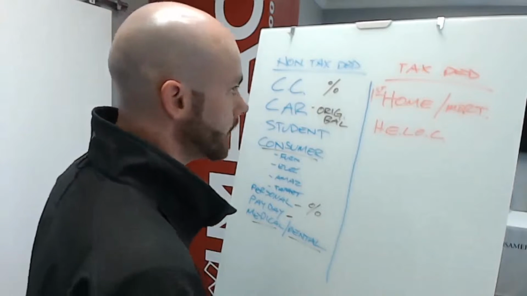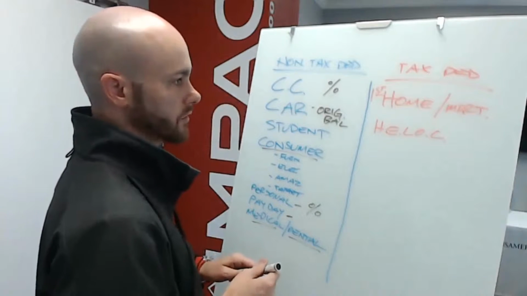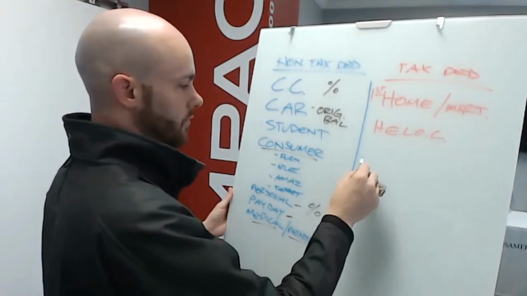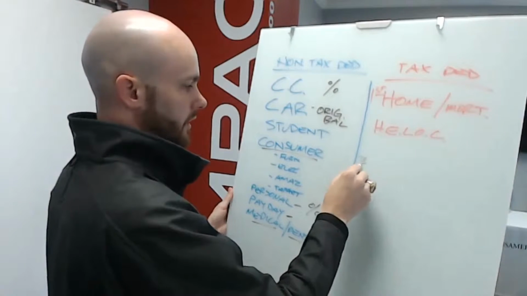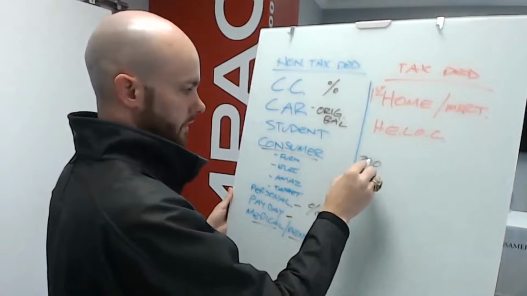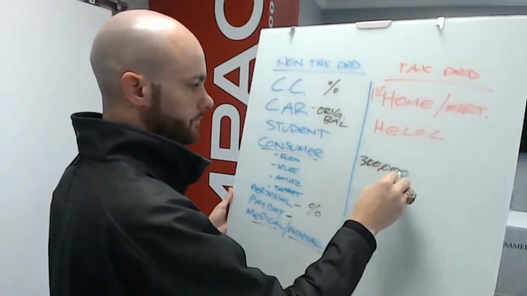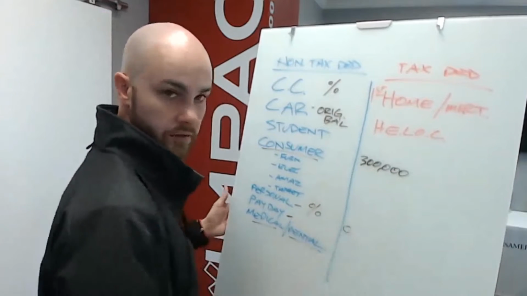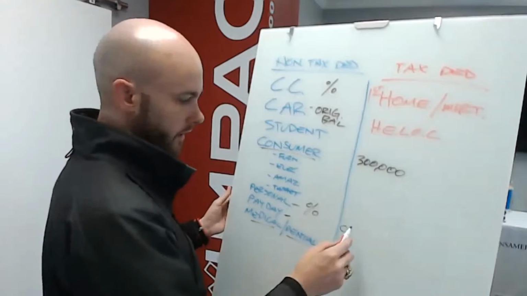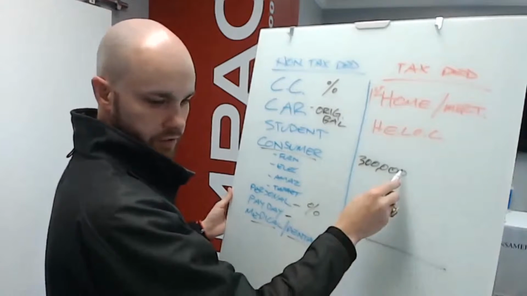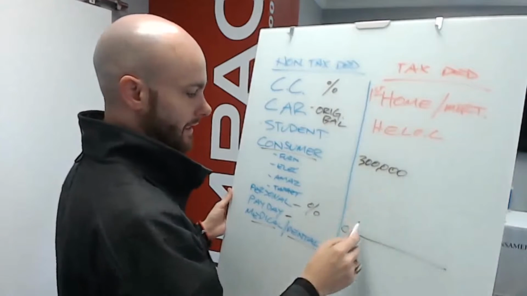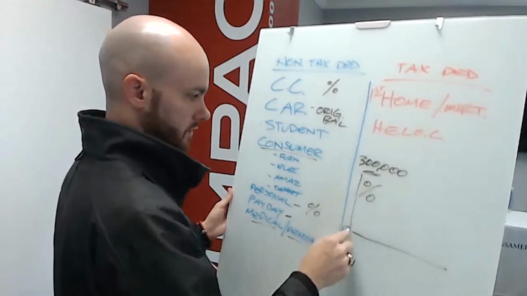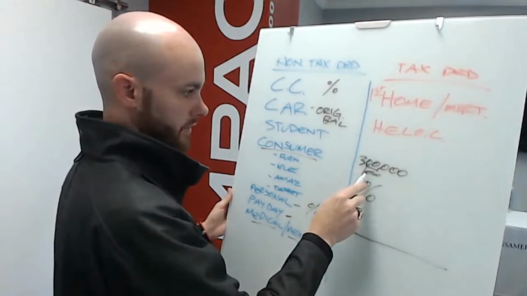So how a home mortgage works is if you've ever seen the document. So let's say someone were to buy a $300,000 home, and here's the zero line here. Here's zero. The $300,000, in the beginning, we're paying a lot of interest and a little bit of principal.